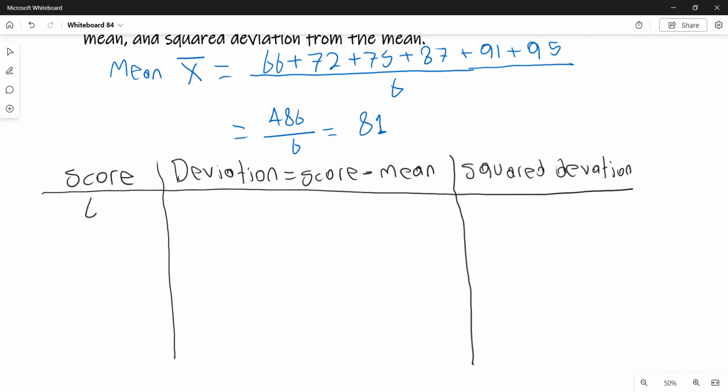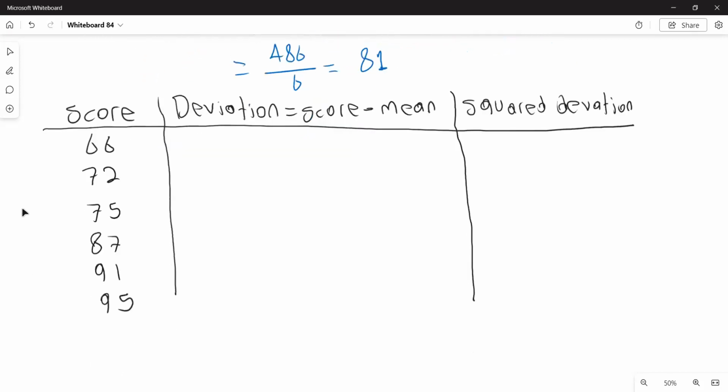The scores are 66, 72, 75, 87, 91, and 95. The mean is 81. So the deviation is going to be each score minus 81. We're going to subtract 81 from each score.